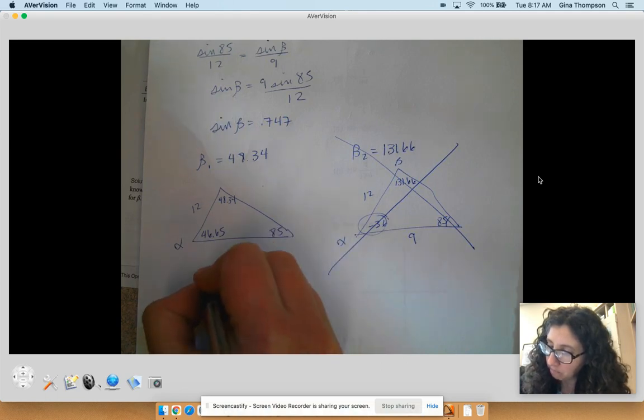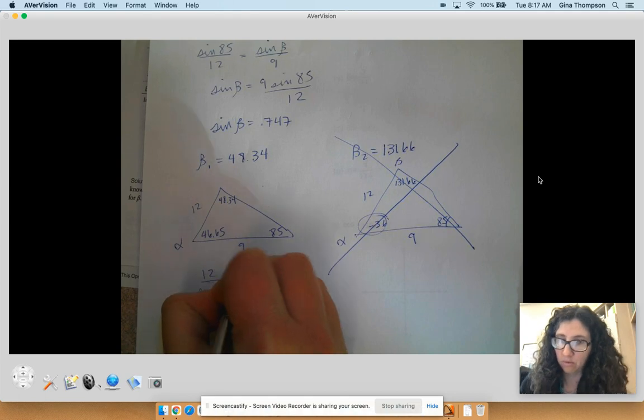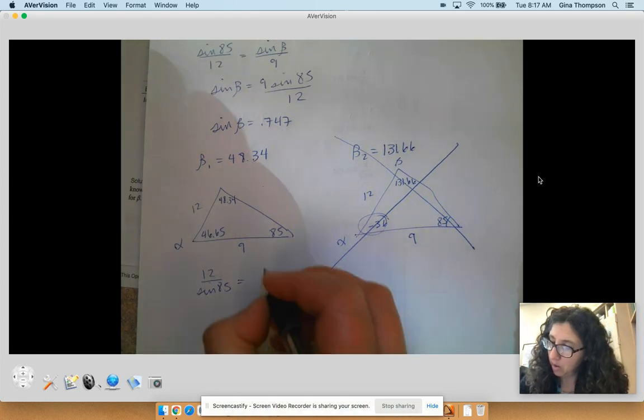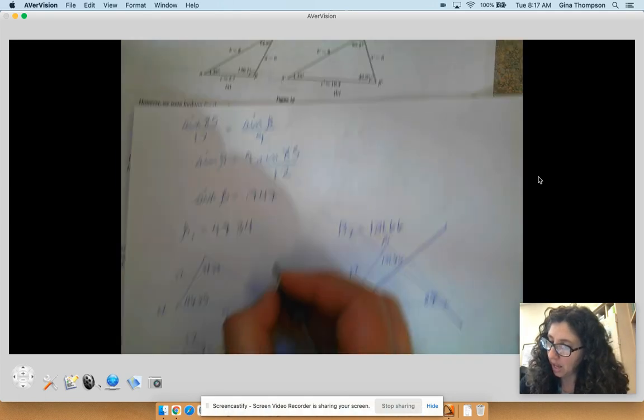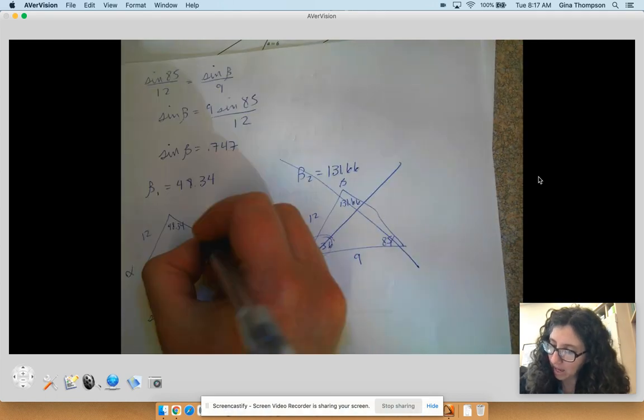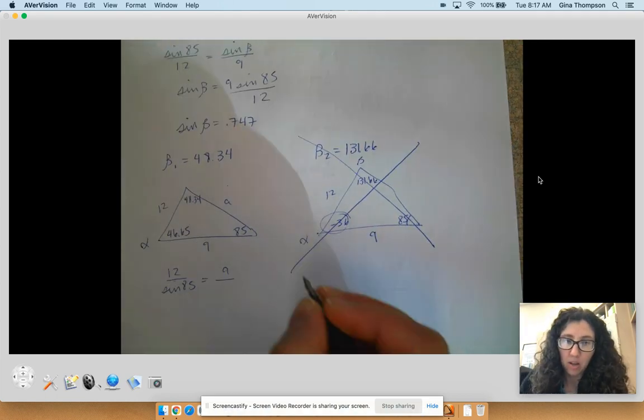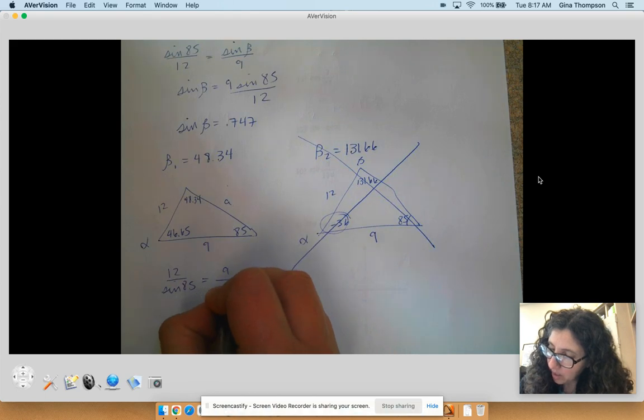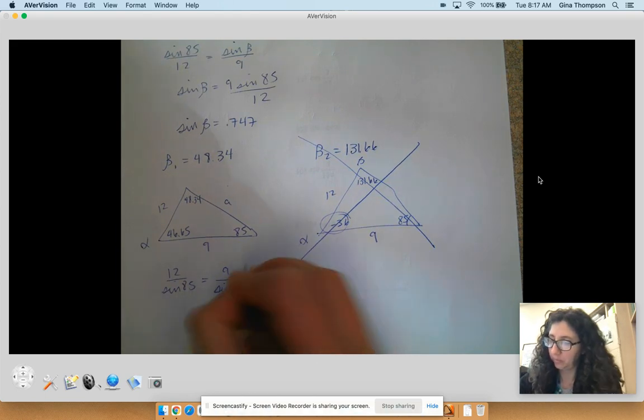Let's say 12 divided by sine of 85 equals, what are we calling this side? A? Yeah, equals A divided by sine of 46.65.